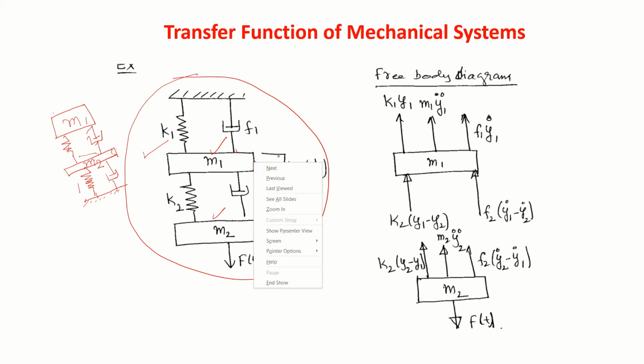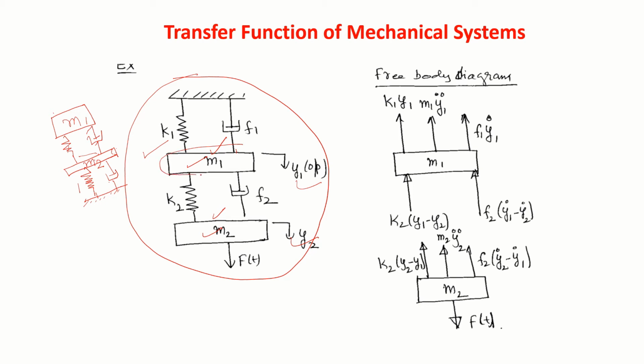To find any position, you have to define y1 as well as y2. y1 is the displacement of mass m1 and y2 is the displacement of mass m2. Now we have to write one differential equation connected with mass m1 and another connected with mass m2.